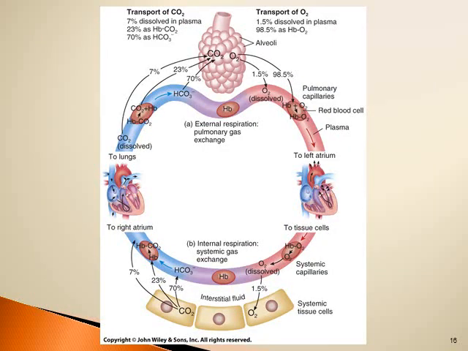Here in this slide we see a summary of the ways of transport of oxygen and carbon dioxide between the lungs and the peripheral tissue. As I explained, in the lungs the blood will be oxygenated, and 98.5% of oxygen will be carried bound to hemoglobin as oxyhemoglobin, and only 1.5% will be dissolved in the plasma.